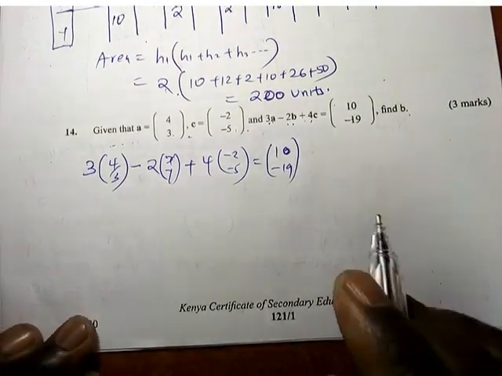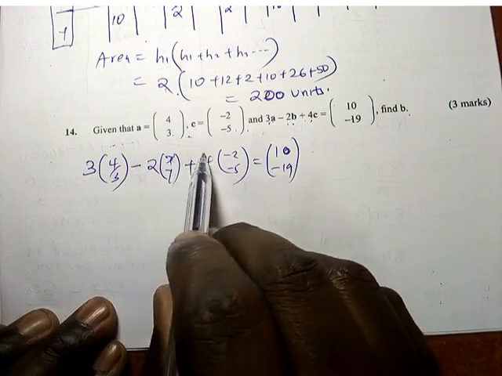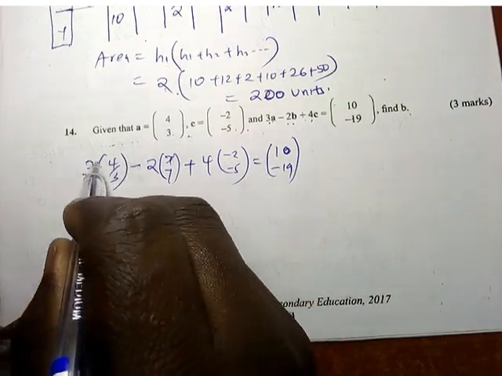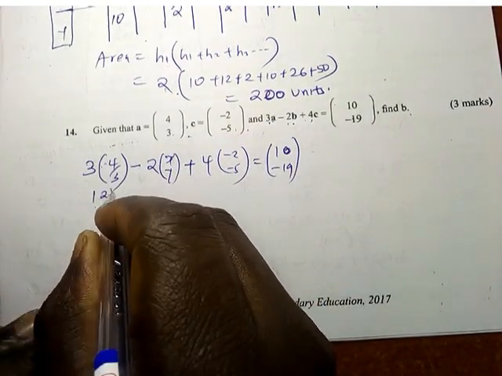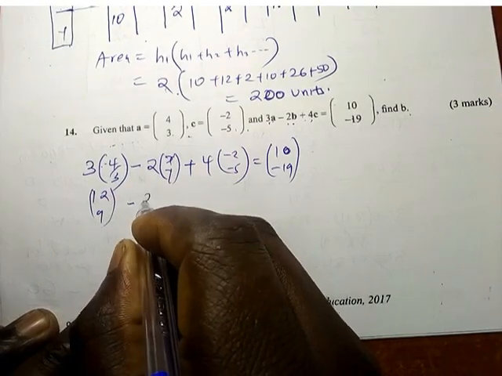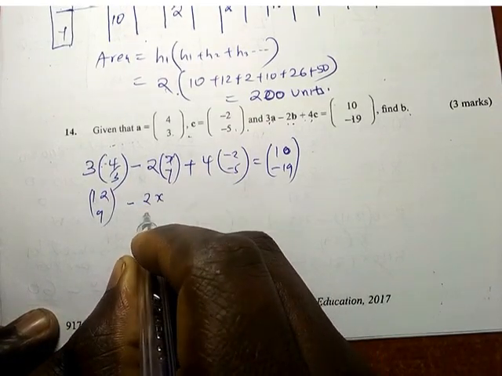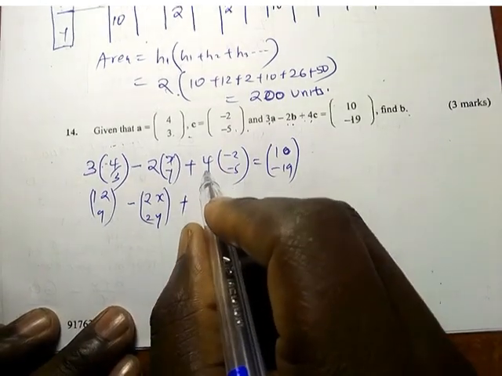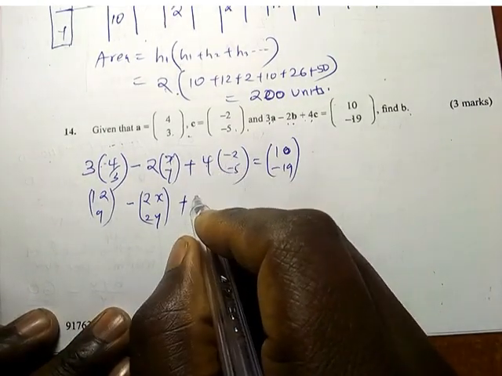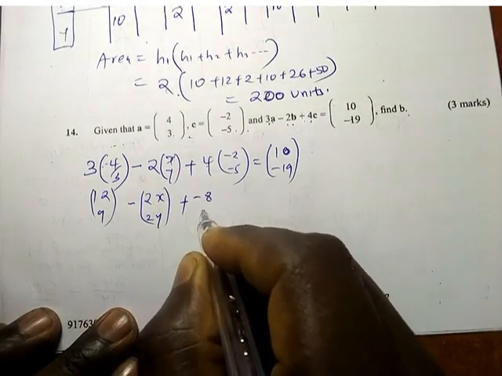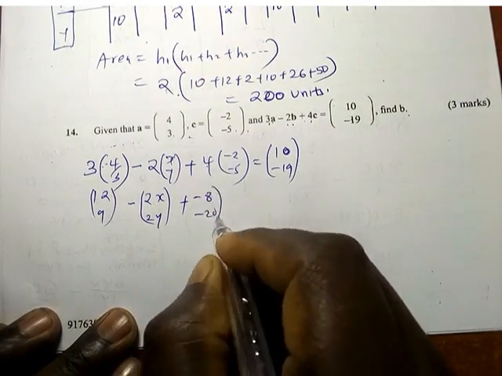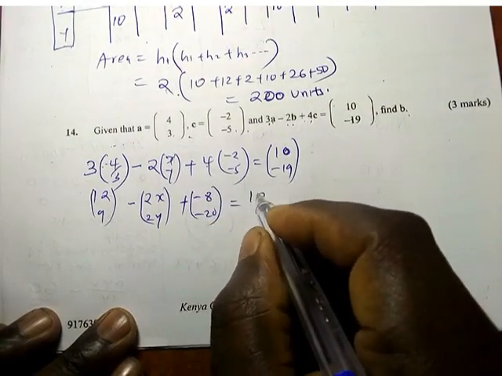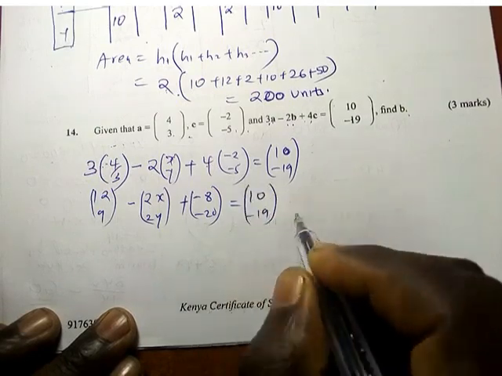So here we subtract, this one is the same as 12, 9 minus 2x, 2y, plus this one is negative 8, negative 20, which is equal to 10, negative 19.